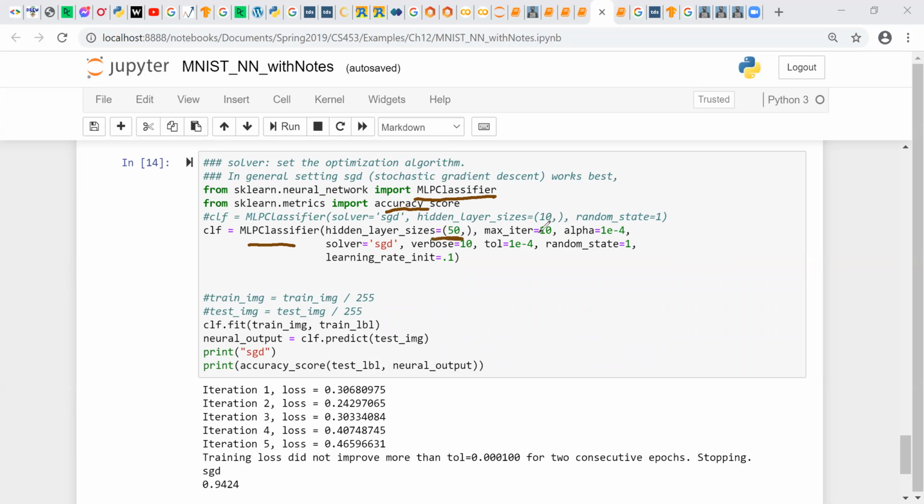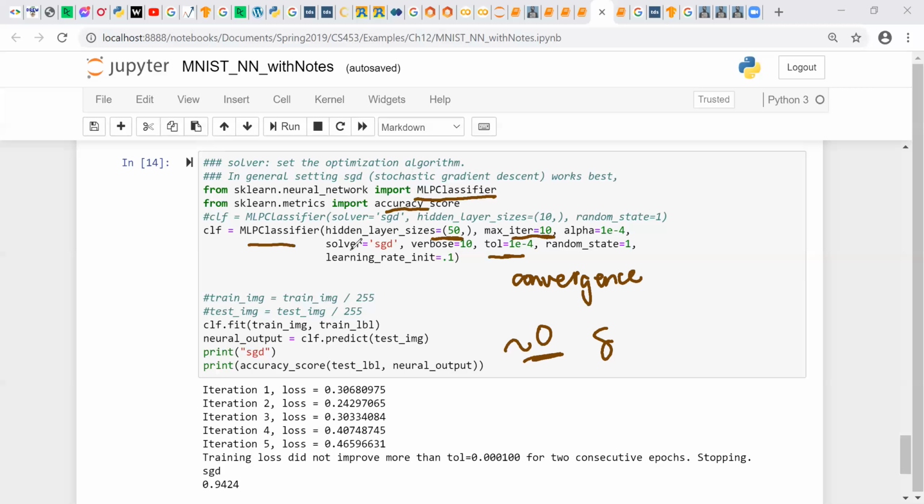The maximum number of iterations is 10. This is for convergence, with some tolerance. You won't let it go forever, because the goal is for the error to approach 0.